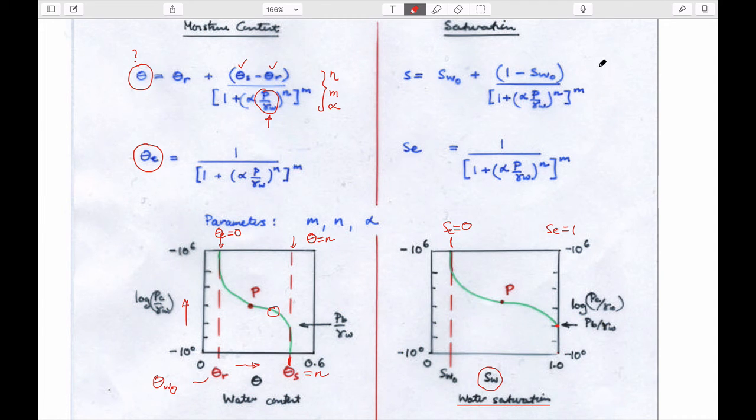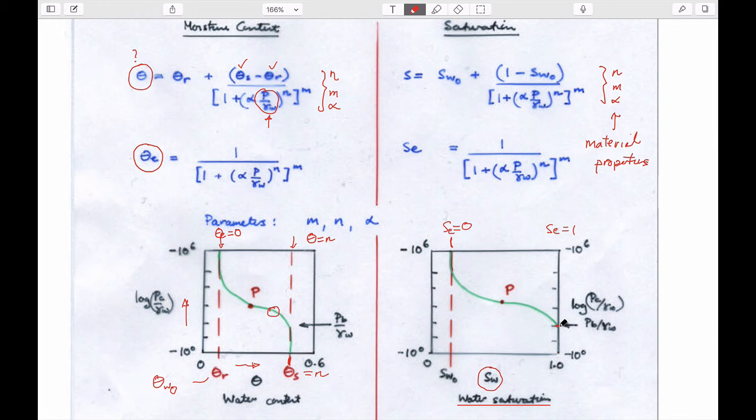Again, with these individual terms of n, m, and alpha, which describe behavior. So these are material properties, and they would be different for a sand or a silt or a clay. They'd have different magnitudes. But if we know what they are, then we can define exactly these curves.